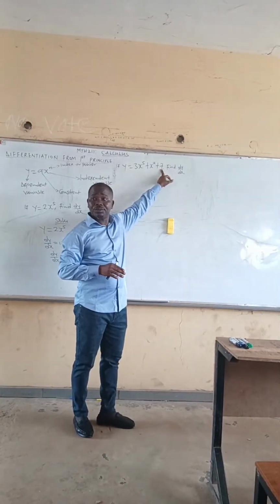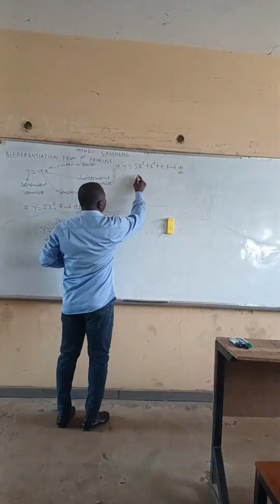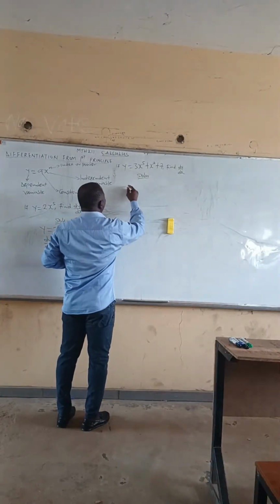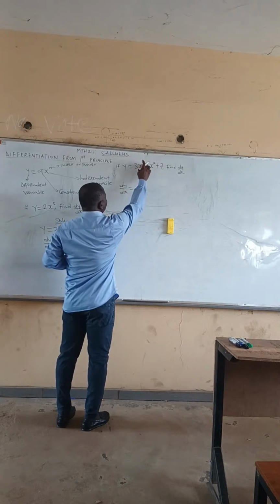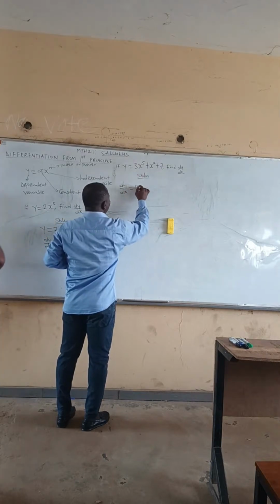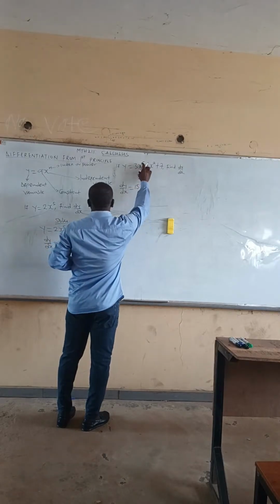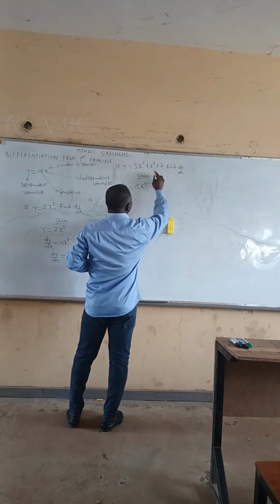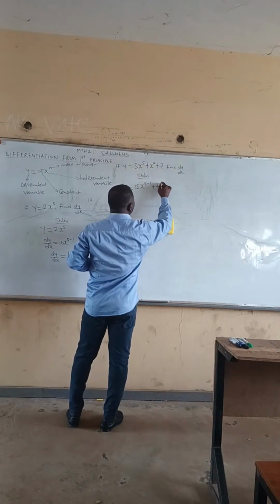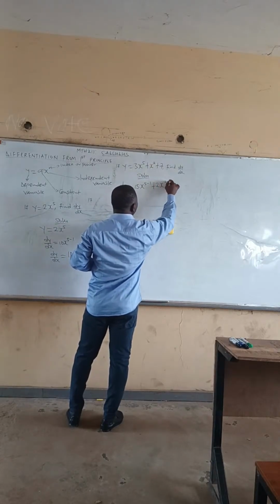Are you following? So let's look at it together. Solution: our dy over dx is going to give us this times this, 15x raised to the power of 5 minus 1, then plus 2x raised to the power of 2 minus 1.